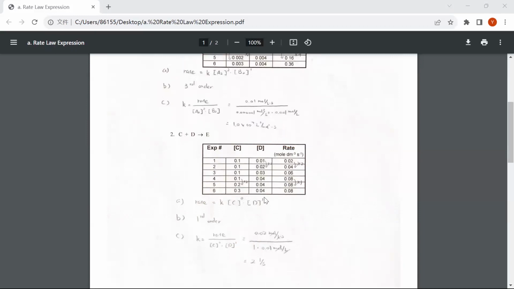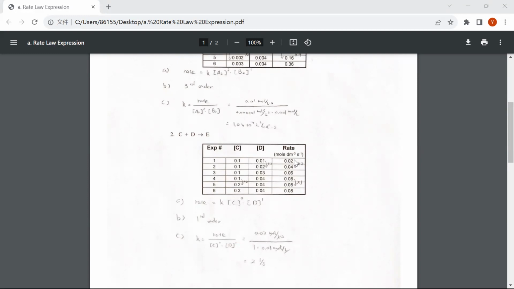And to find the exponent for D, we focus on experiment 1 and 2. So D times 2 from 1 and 2, and the reaction rate also times 2.